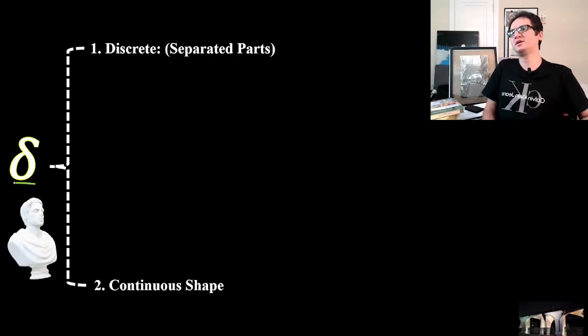Delta has two scenarios: discrete separated parts or members, or a continuous shape.